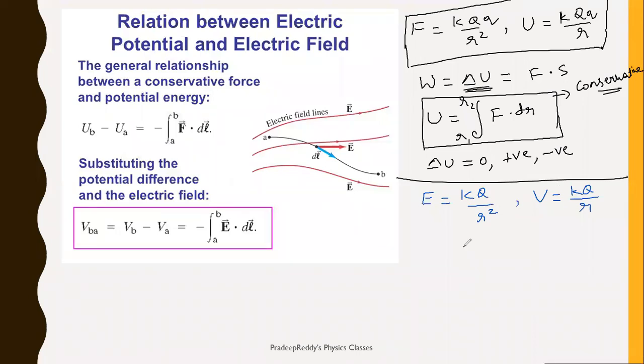Electric potential is concerned with one particular particle. So electric potential can be simply written as the integration of E dot dr from infinity to a particular point. This is the relation between electric potential and electric field.